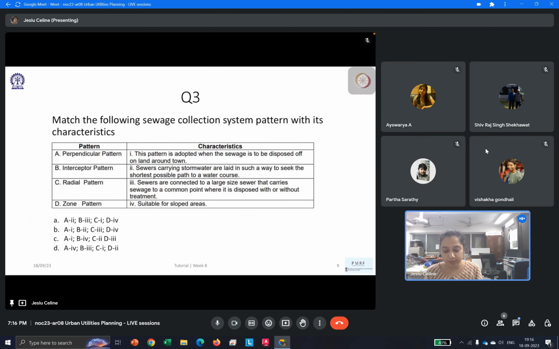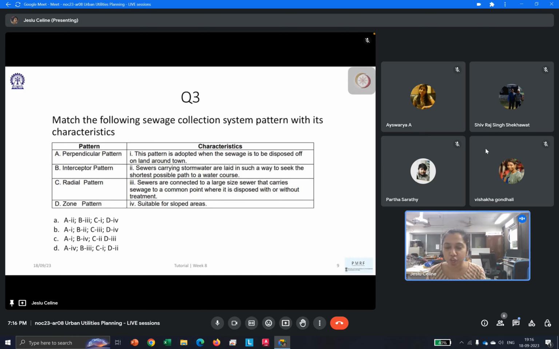Match the following sewage collection system pattern with its characteristics. A, perpendicular pattern, B, interceptor pattern, C, radial pattern, and D, zone pattern. So the characteristics of the different patterns have been asked for. Which of the options are correct for perpendicular pattern?